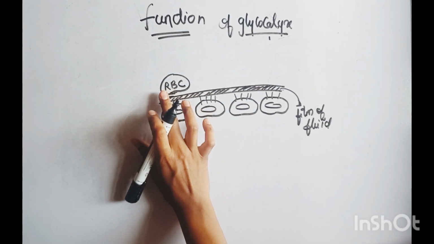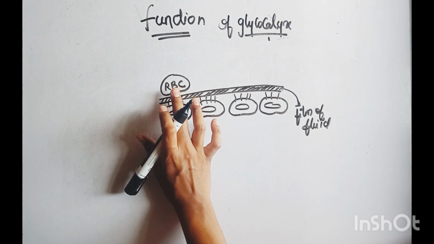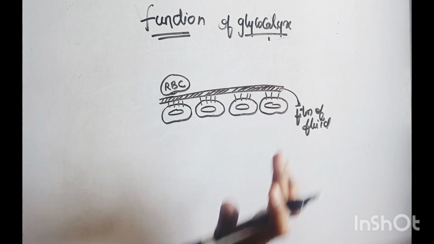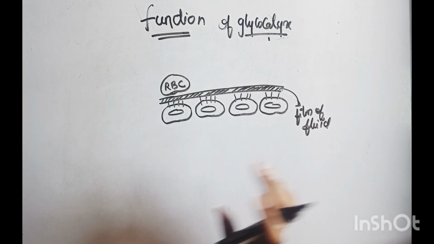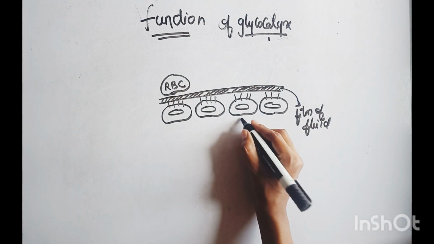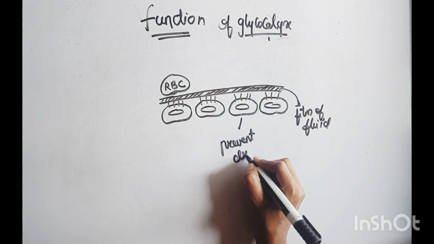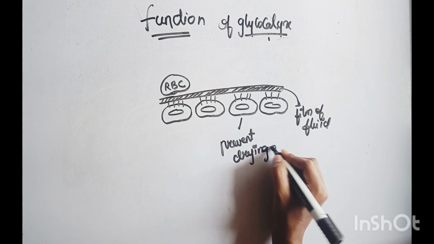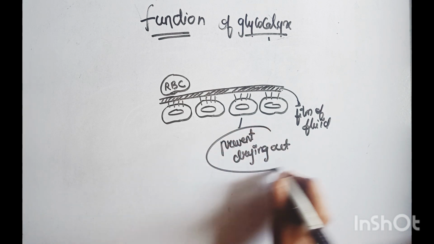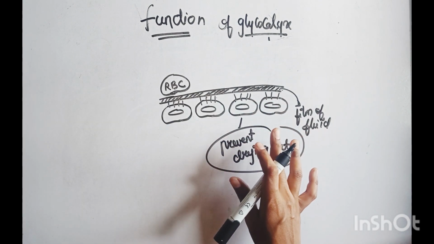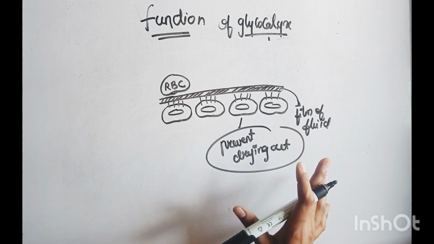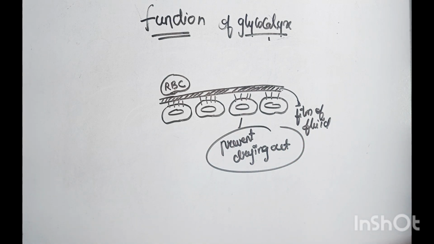Because the red blood cell can then flow easily through narrow passages. Another function is that it prevents drying out of the many cells which are present in the gastrointestinal tract. So these are the functions of the glycocalyx.